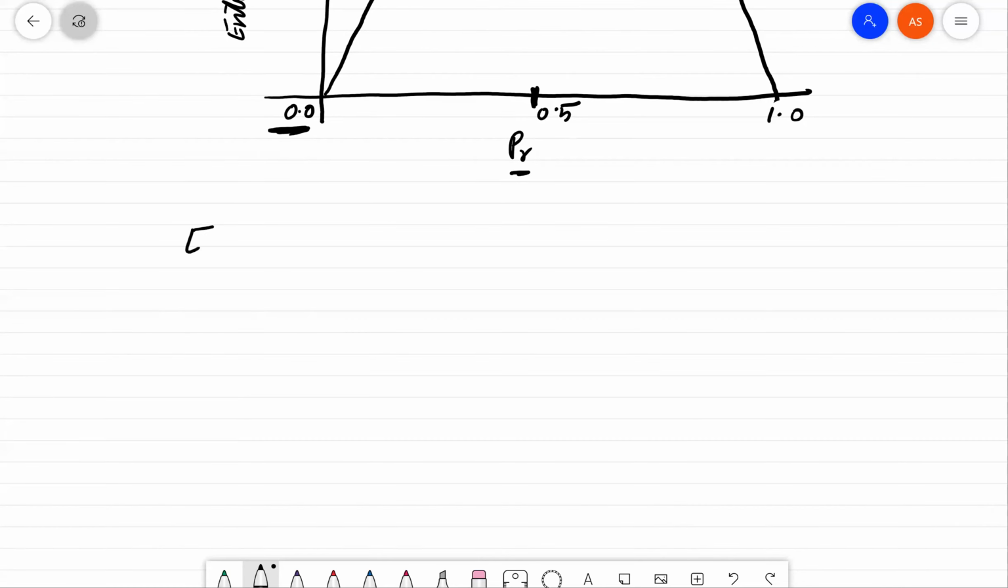In this case, the final formula of entropy, we can write as entropy of S equal to summation of i equal to 1 to K of minus Pi log base 2 Pi.